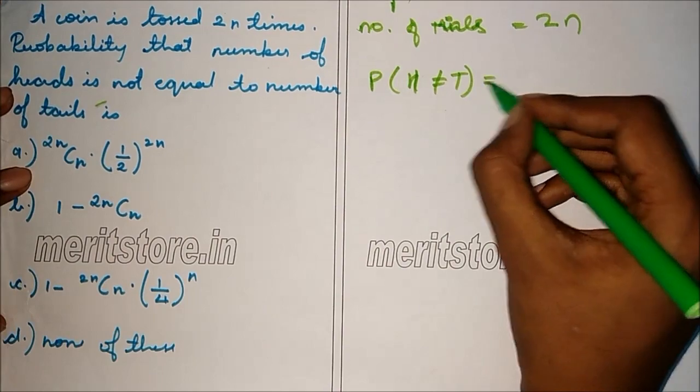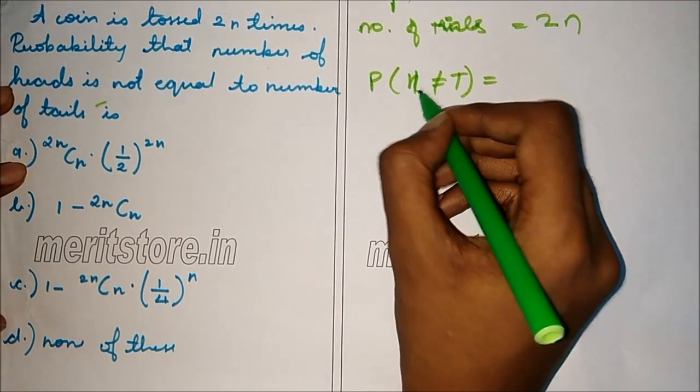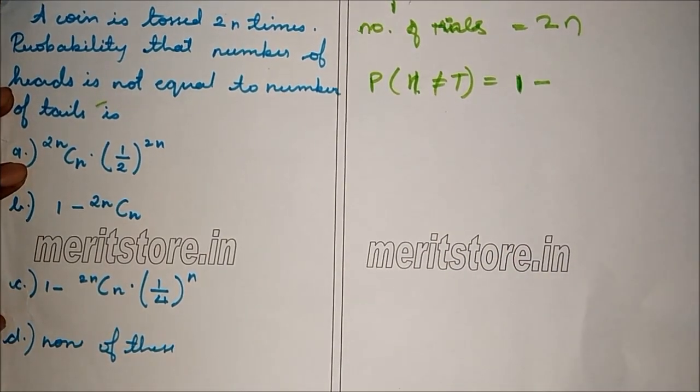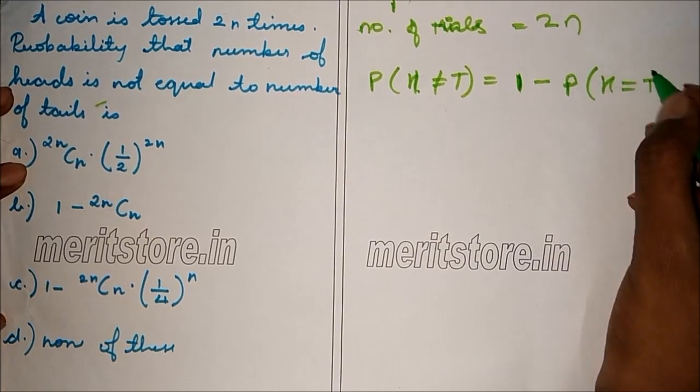We can say this using the 1 minus none rule. The probability that the number of heads is not equal to the number of tails is equal to 1 minus the probability that the number of heads is equal to the number of tails.